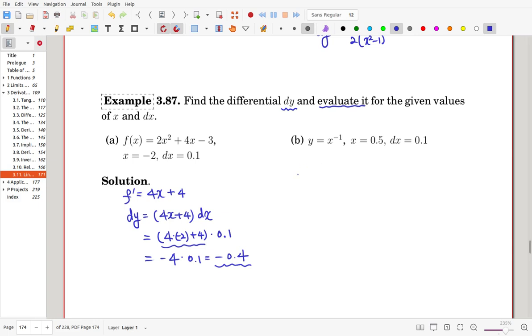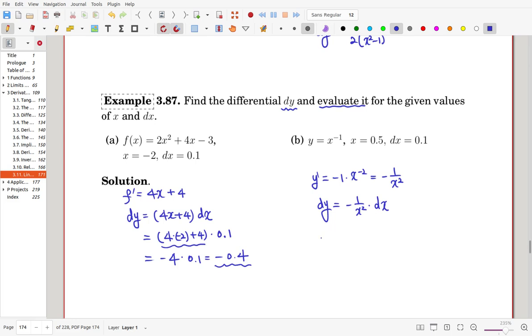For this problem, the same way, here y prime equals x to the -1, so the -1 will come out and x to the -2, so that we can say here -1 over x squared. So that dy, the change in y, is the same as the slope -1 over x squared times dx. Once the dx and x are chosen, then we can find the dy, the change in y, along with the linear approximation.